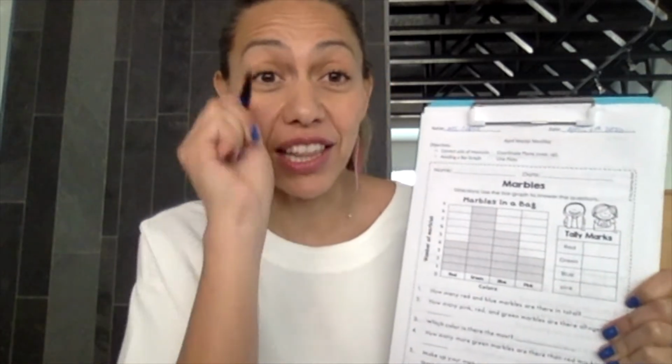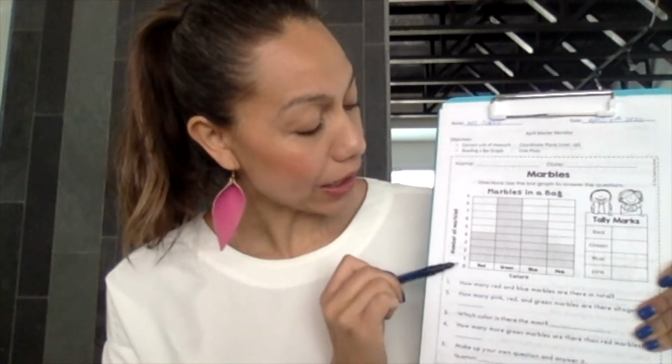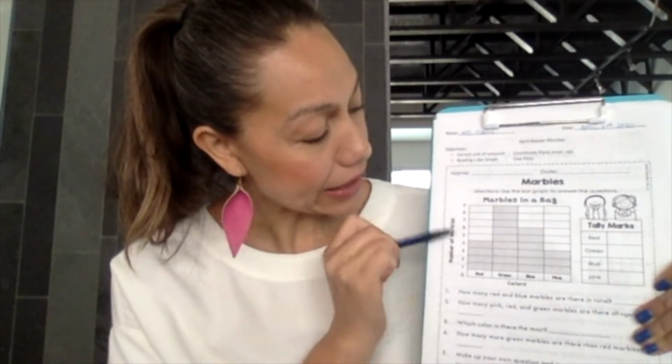They're tally marks, they're lines. So I'm going to do the first one with you. So red, I'm going to look at the color red. I'm going to look at the quantity. And it says here, you see the shaded portion stops at 4, which means that there are 4 red marbles. So how do we do tally marks? We put 4 sticks.